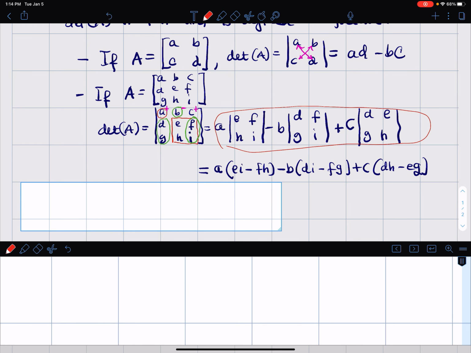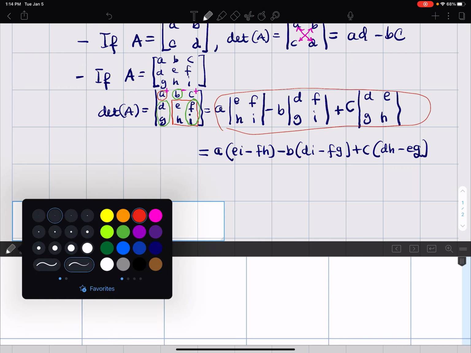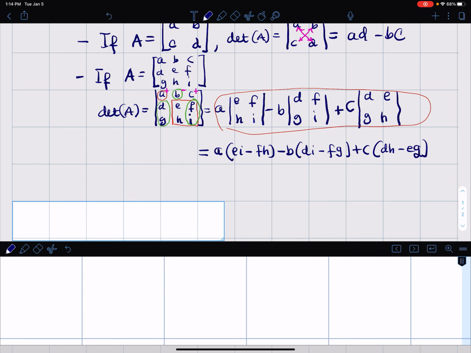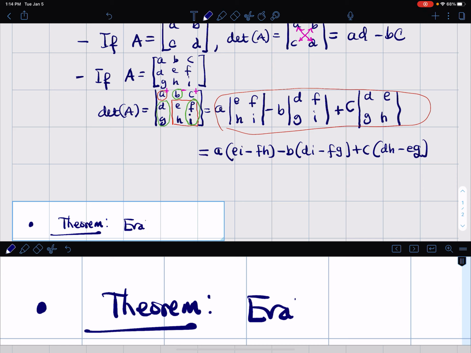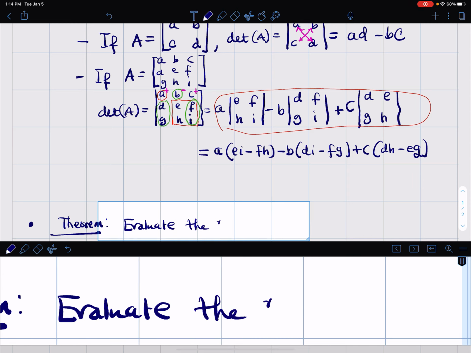All right. So there are different ways of evaluating the cross product, but we have a theorem, which we're not going to prove, that tells us how to do it using determinants. So we want to evaluate the cross product.